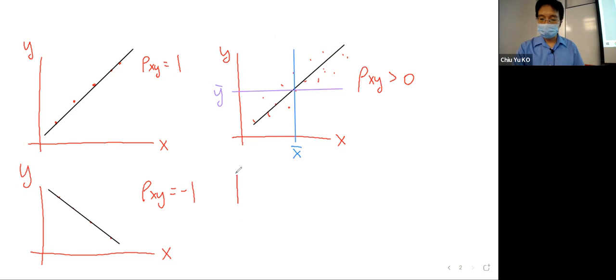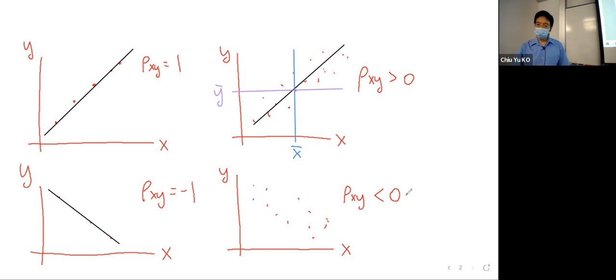And again, you draw X and Y. The dots are like this. Rho XY is less than 0. I'm not going to draw the mean, but one thing you would be interested in is what happens when you have 0.